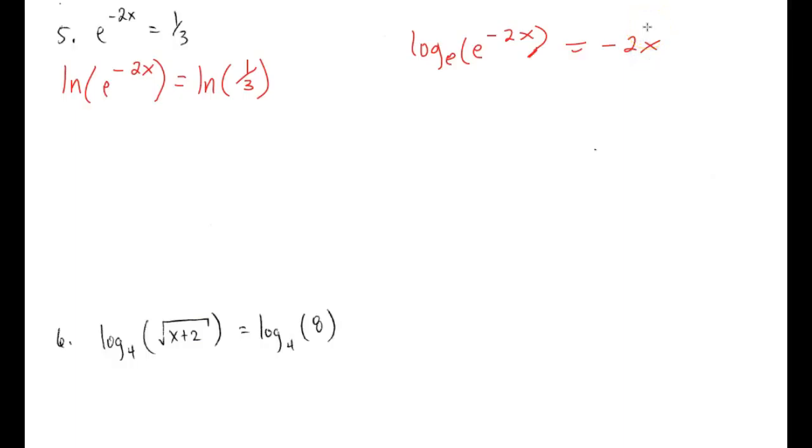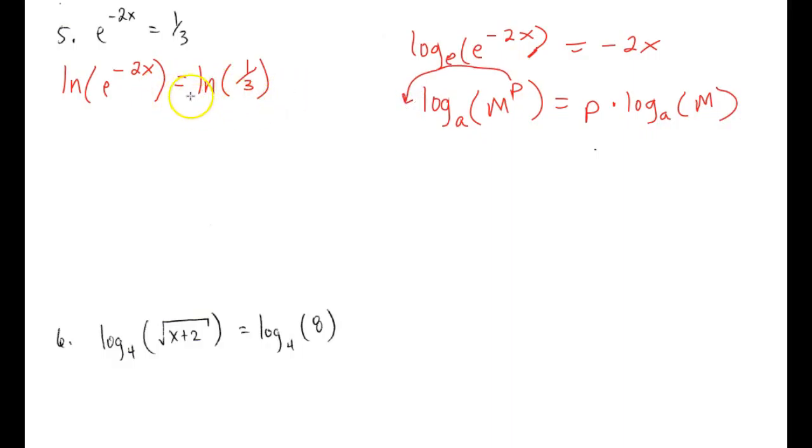But here I'm going to do something a little different just to showcase another property. Another property that we know is that anytime we have log of any base, and what we have on the inside of the logarithm function is something of a different base raised to a power, we can rewrite it this way, meaning that we can basically take that value and put it out on the outside and multiply.